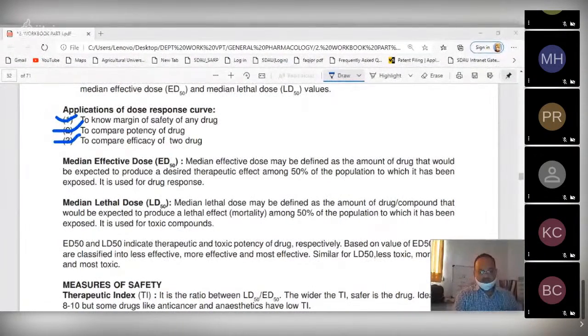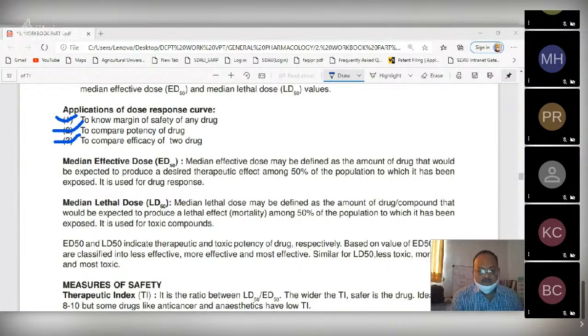Median effective dose. It is symbolically represented as ED50. Now, median effective dose is a statistical quantity. First, take in your mind that it's a median of all effective dose studies. So it's not an absolute quantity, it is a statistically derived quantity, just like an average. Similarly, you can also calculate the median effective dose, that is ED50.